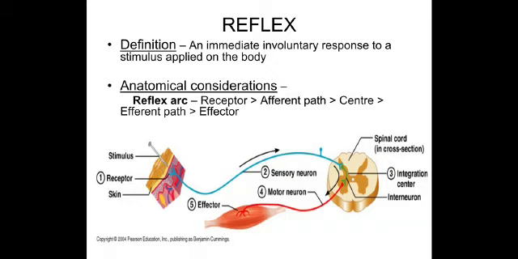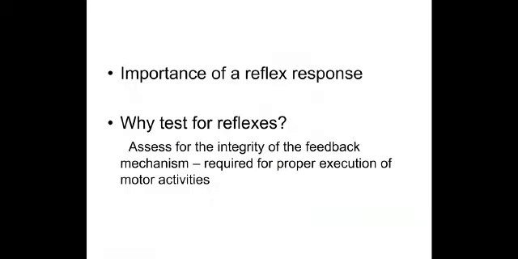These are the components of the reflex arc. What is the importance of a reflex response? It assesses the integrity of the feedback mechanism required for proper execution of motor activities.